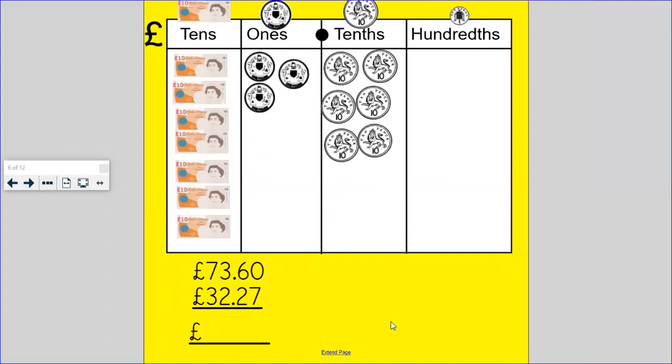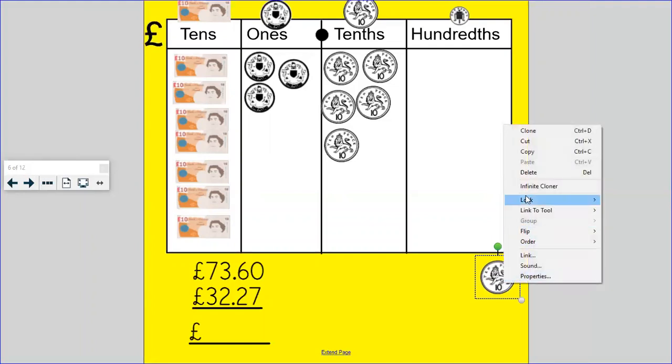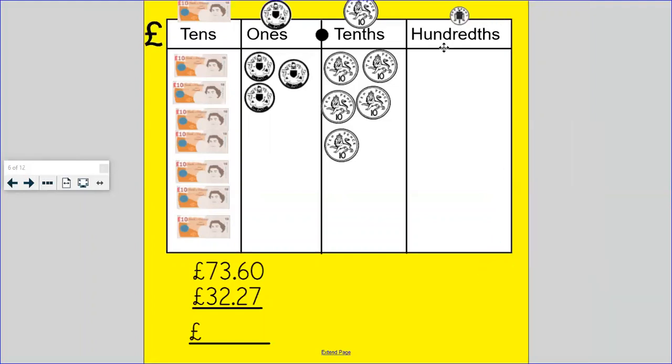So you can see I've got no hundredths. Here's my 0 in the hundredths column, but I need to take away 7 hundredths. So in order to be able to do that, I'm going to exchange one of these 10-penny pieces, and I'm going to put it over here. Actually, I'll get rid of that one entirely, because what I'm going to do is move 10 1-penny pieces.